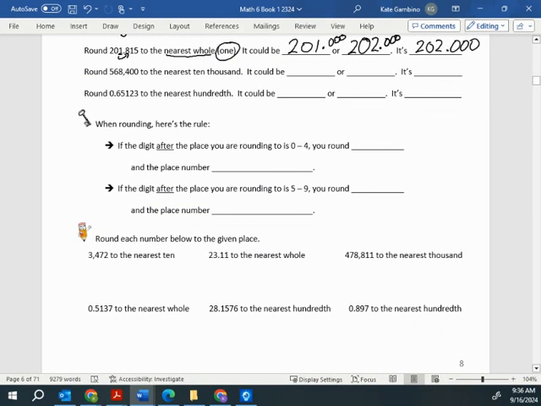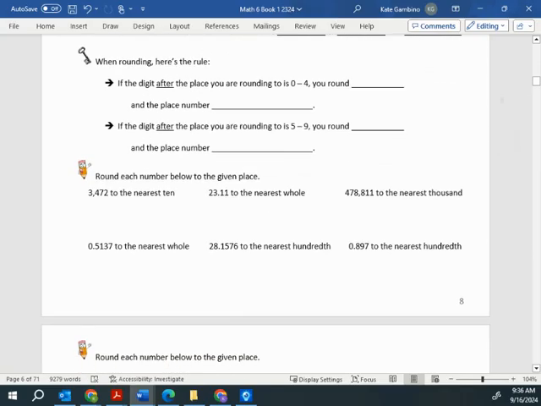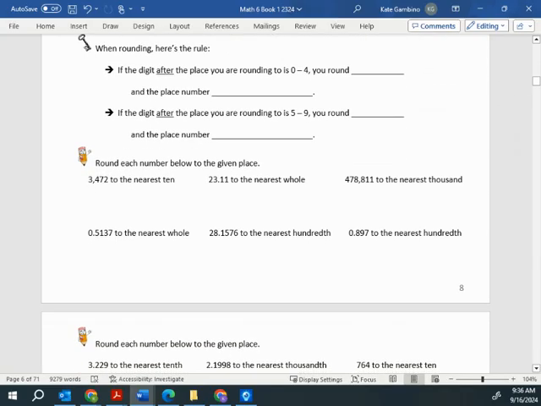You're going to finish off those last two on your own. We're going to keep looking at the rest of our directions. When rounding, here's the rule. If the digit after the place you are rounding is 0 to 4, you round down, and the place number stays the same.